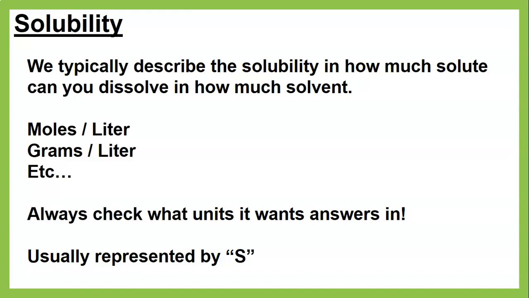We're really going to start using the words solubility, talking about how much can be dissolved, looking to see which substance could dissolve more, which one might make a precipitate first, things like that. One thing to be a little bit careful of is that while most of our calculations in chemistry use moles per liter, every once in a while you may see grams per liter in the charts.